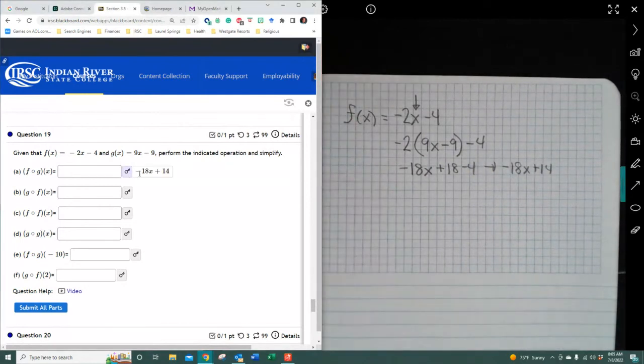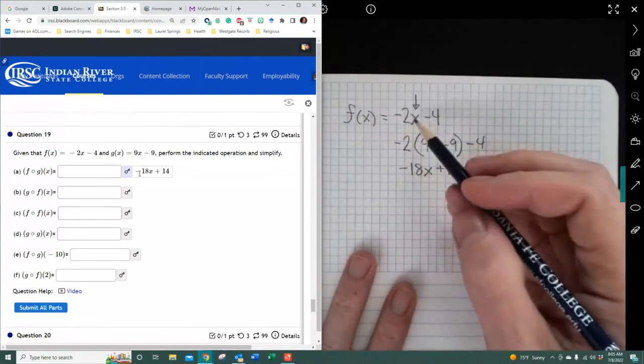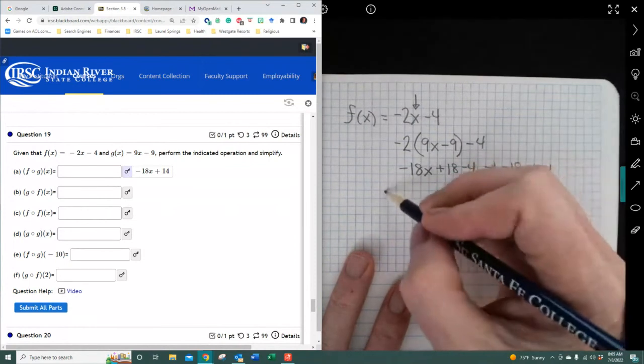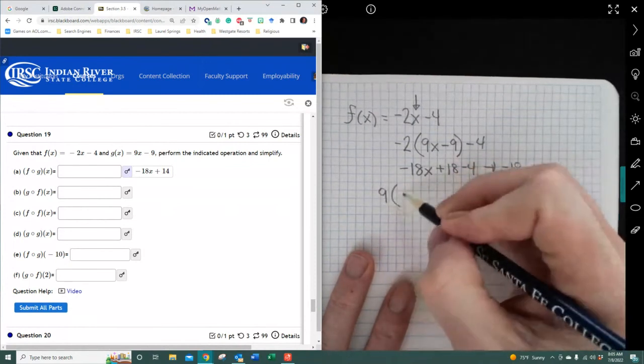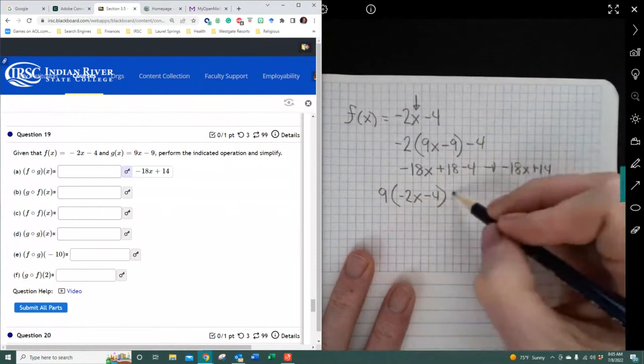Then it does the same thing with respect to taking f and inserting it into g. Inside of g, I replace the x with negative 2x minus 4.